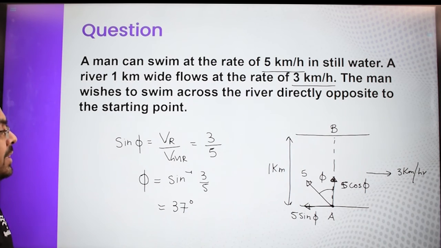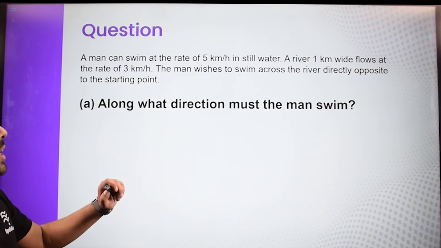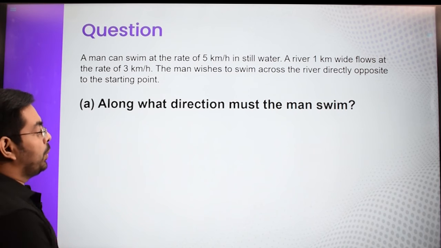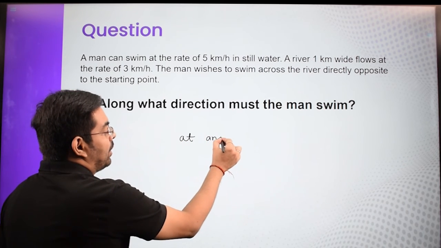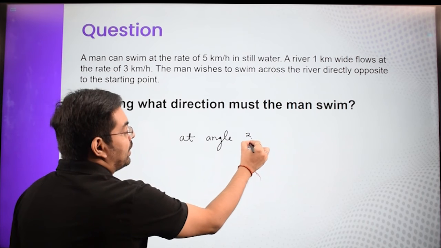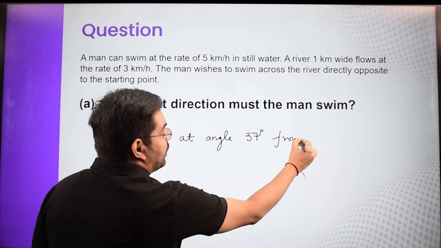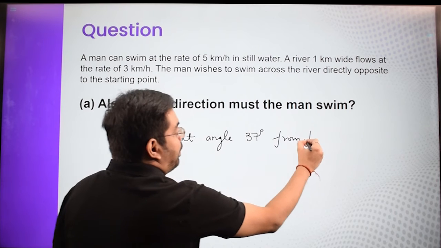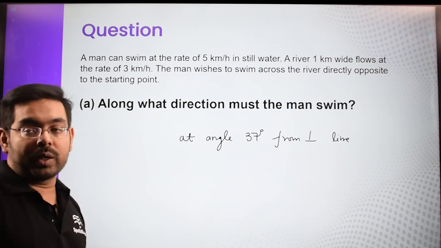Chalo, let us see. So we have got this answer. Along what direction the man should swim? So he should swim at an angle of 37 degrees from the perpendicular line. Okay, first answer we have got here.